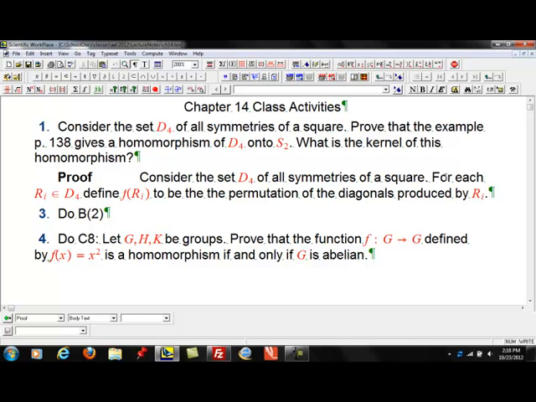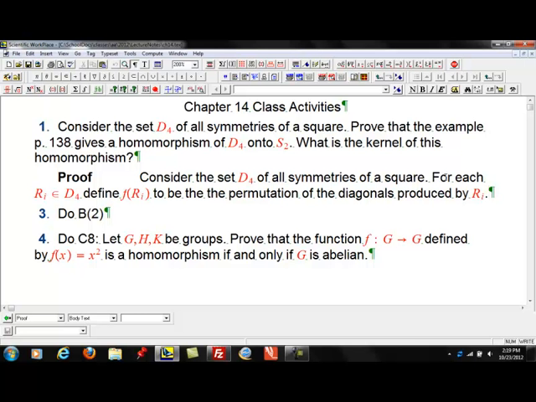B. B goes to C, C goes to D, and D goes to A. Now, when you think about that, where has diagonal 1 gone to? Diagonal 1 goes to diagonal 2.